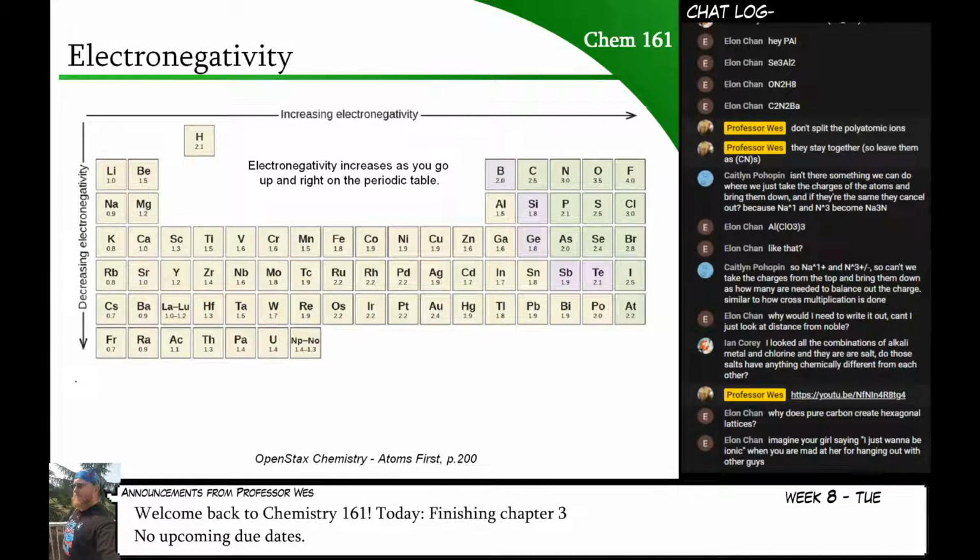Now, if you look at the chart for the element that has the highest electronegativity, you find it over here. Fluorine is the highest electronegativity. Why? Well, it has a very high Z effective, and it's also very small.